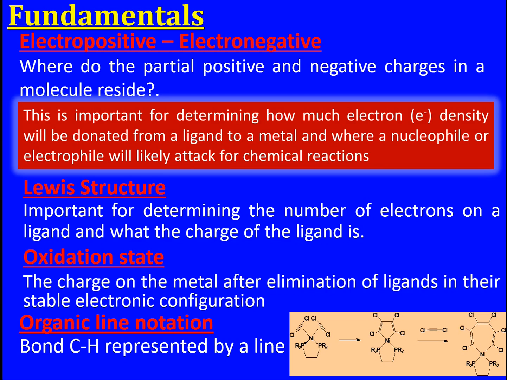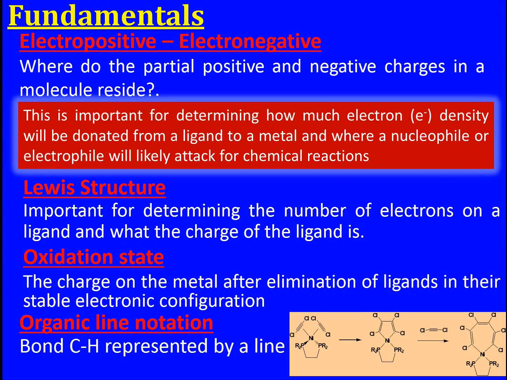The importance of the Lewis structure, I repeat: if you don't know, for example, the charge and the donation of the ligand, you can write the Lewis structure. If you need electrons to have a saturated Lewis structure, so you add 1 electron, this ligand is 1 minus.